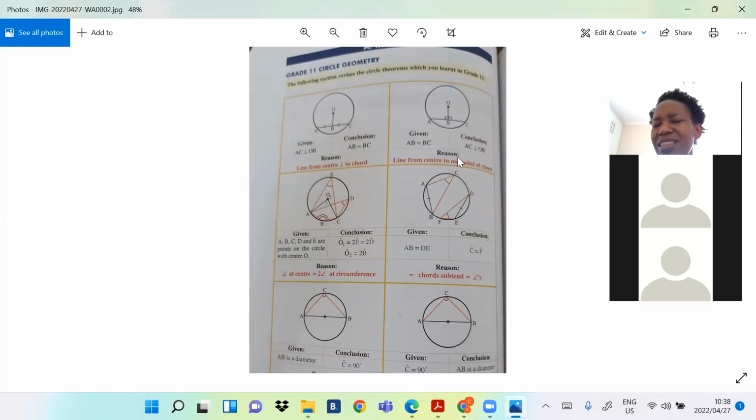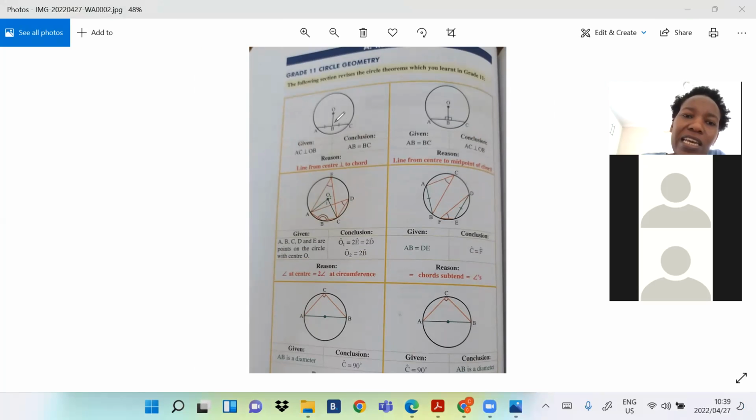this is the summary of your theorems. Theorem 1: a line drawn from the center perpendicular to a chord.